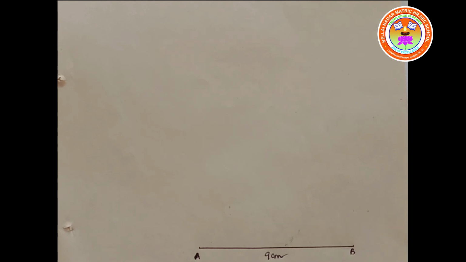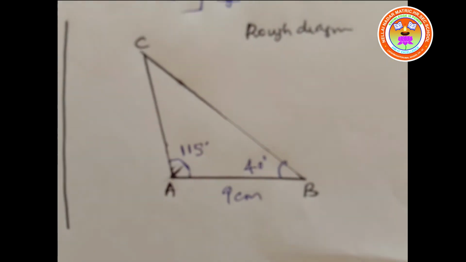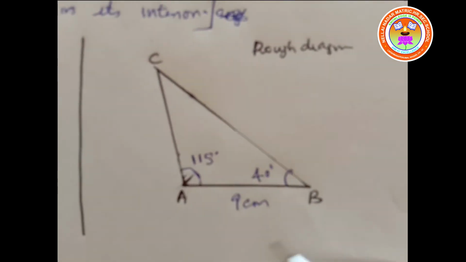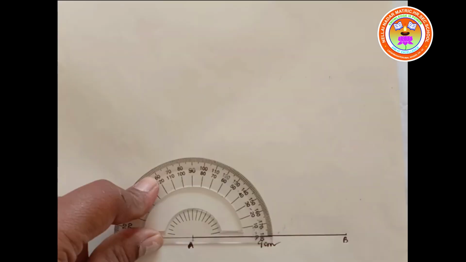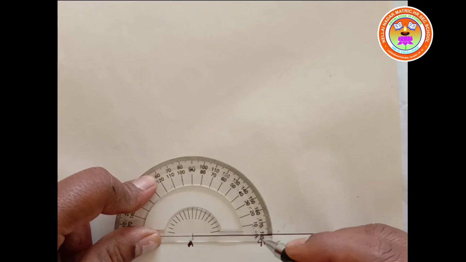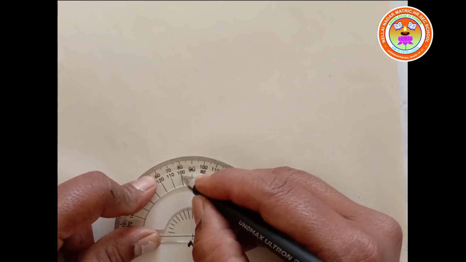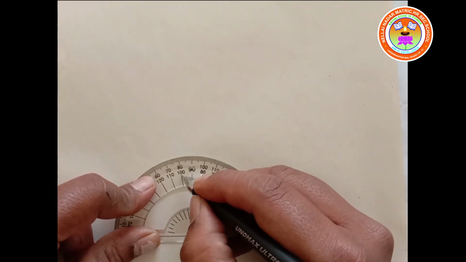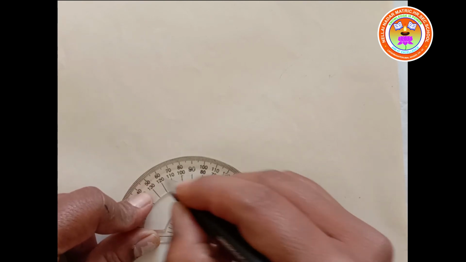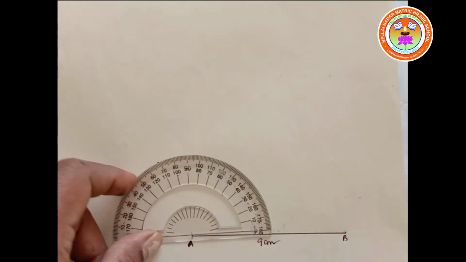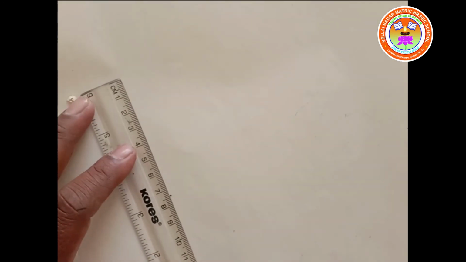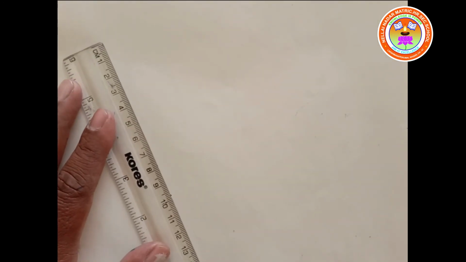Given CAB equal to 115 degree. Now you are going to measure 115 degree. 100, 110, 115. Extend the line.